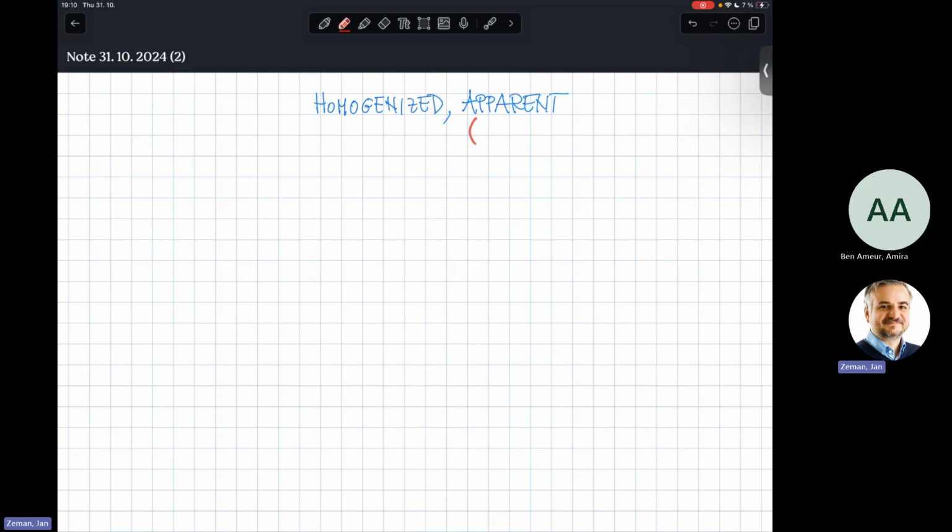So in Czech, this is zdánlivý. Although, I mean, the chances are good that with your generation, you already know that. But this was not the case when I was at yours. And effective properties.